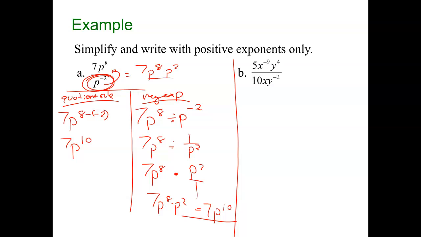So you have a little bit of flexibility. Simplify it and keep going.